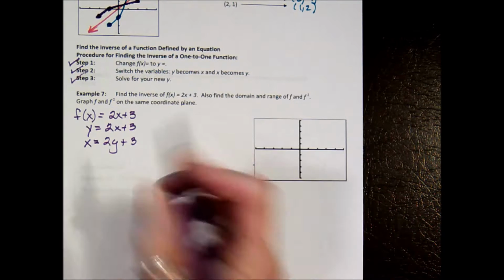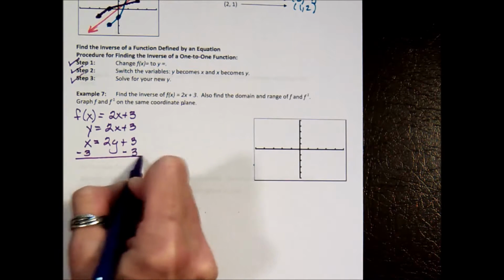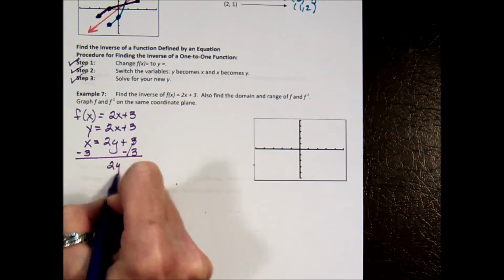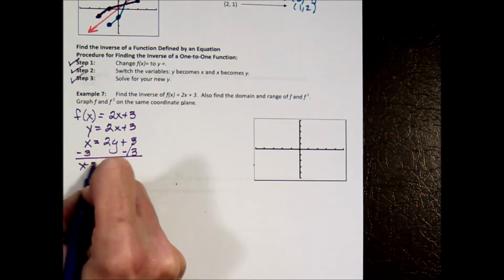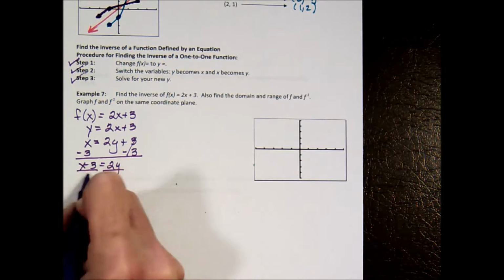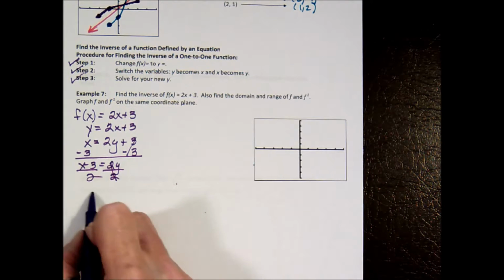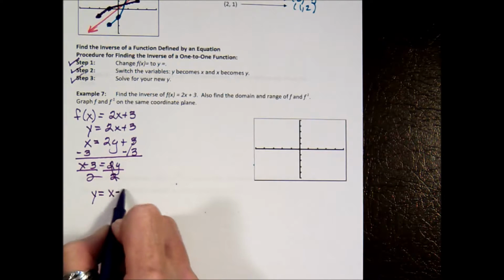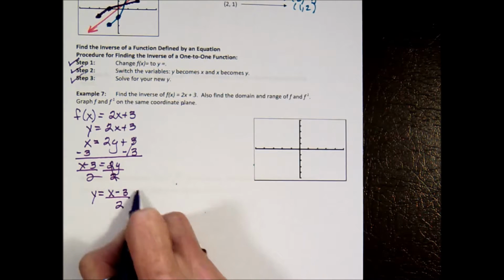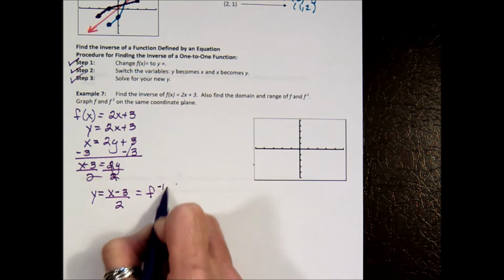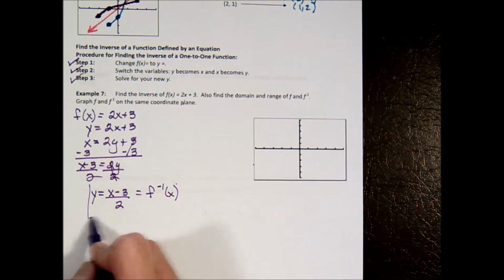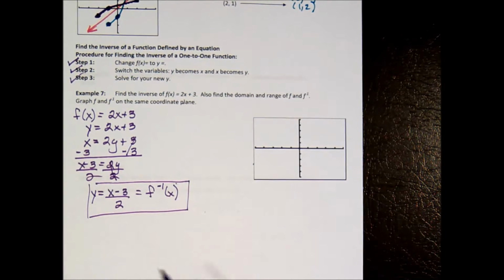I'm going to solve for y by subtracting a 3. 2y equals x minus 3. And now I'm going to divide by 2, and I get y equals x minus 3 over 2, which is also f inverse of x. So there is the inverse by following those 3 easy steps.